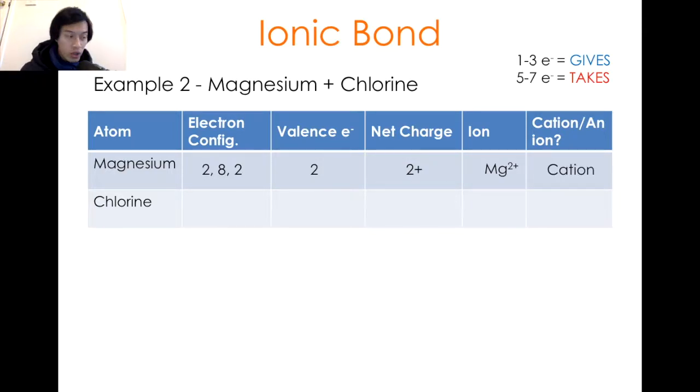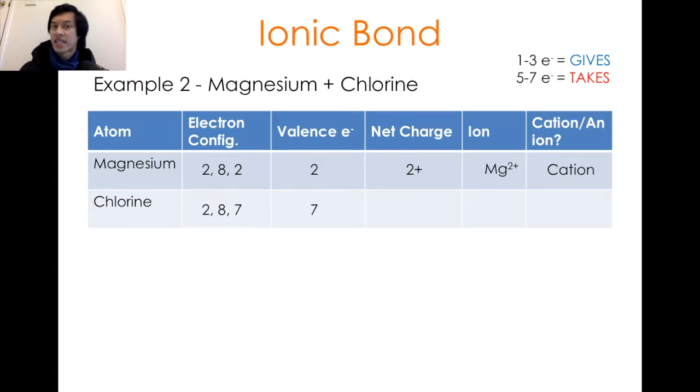Now try to do the same for chlorine. Chlorine has an atomic number of 17. Its configuration will be 2, 8, 7, meaning that its valence electrons will be 7 in its outer shell. If it has 7, it is going to want to take. How many does it need to take to get to 8, which is the stable number?